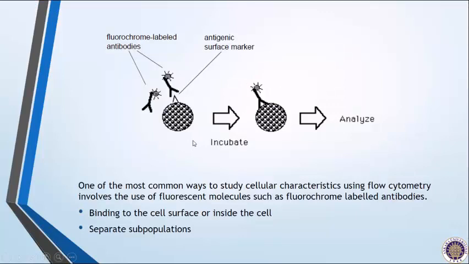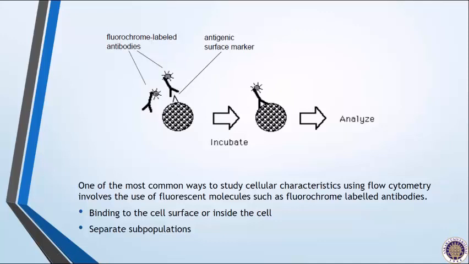One of the most common ways to study cellular characteristics using a flow cytometer involves the use of fluorescent molecules such as fluorochrome labeled antibodies. In the figure, labeled antibody is added to the cell sample. The antibody then binds to a specific molecule on the surface or inside the cell.